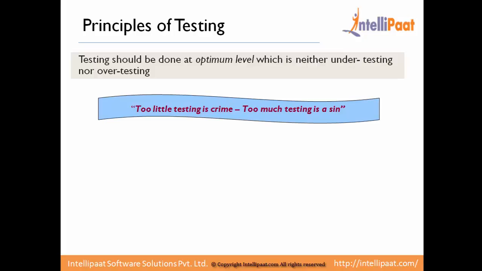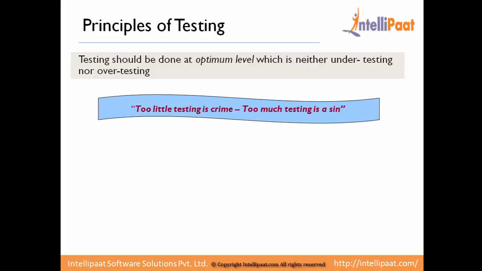Now, coming back to the second point, which says too much testing is a sin. Like I mentioned, if you're testing for months and years and so on, and if you have the software robust enough to handle let's say 99% of transactions, or let's say 99.99% of transactions, but let's say one of the rare scenarios does not work correctly, then there is no reason for the testing to continue, and there is no reason for the release of the software to be stopped.